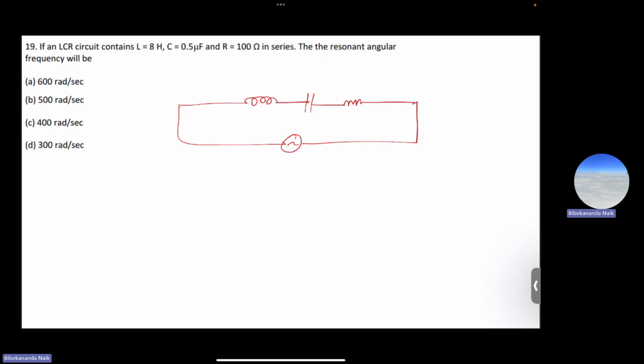So this is based on the concept of series LCR circuit and the condition of resonance.